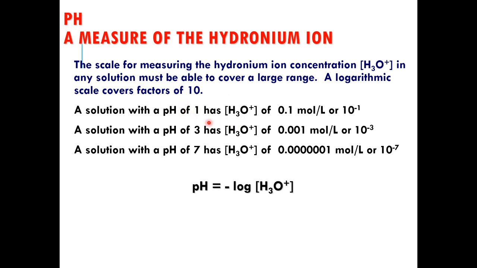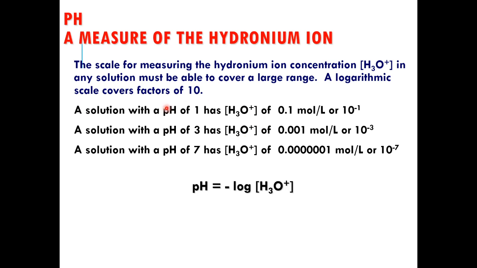A pH of 1 has a concentration of 0.1 moles of H plus per liter. So 0.1 molar H plus. A pH of 3 would be a solution that's 0.001 moles per liter. A pH of 7 is, obviously, that many factors of 10 less.